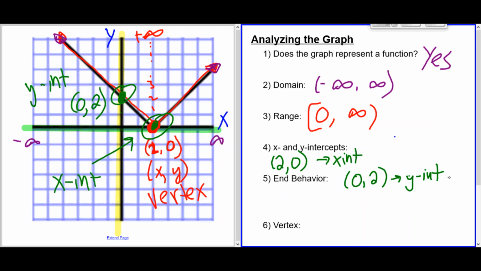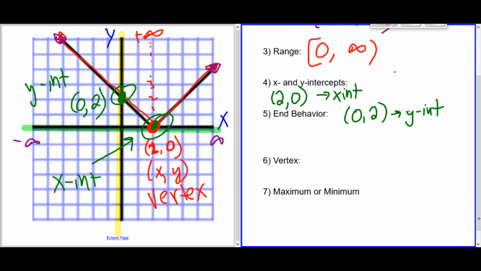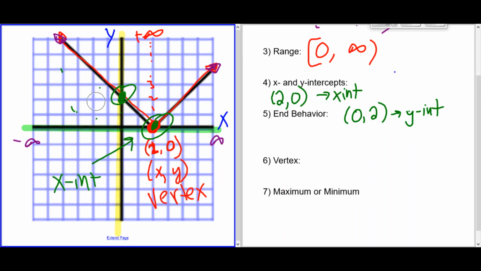The end behavior. For this graph, remember, there are 2 pieces to end behavior. You're looking at what's happening to the right and what's happening to the left. So let me erase some of this when I answer that question.